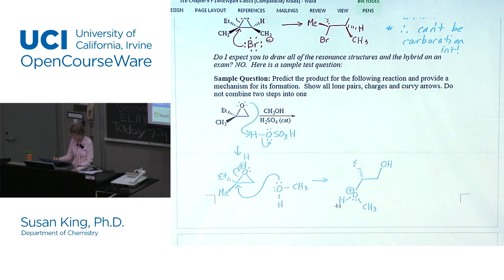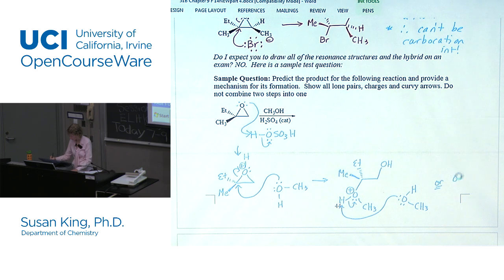I'm showing stereochemistry. I'm moving this ethyl up. I'm moving the methyl up, but they still are in the same orientation. Last step is to deprotonate the methanol that just attacked. And I can use other methanol that's in the reaction mixture. This is used as a solvent. Or if you prefer, you can use the conjugate base of sulfuric acid.